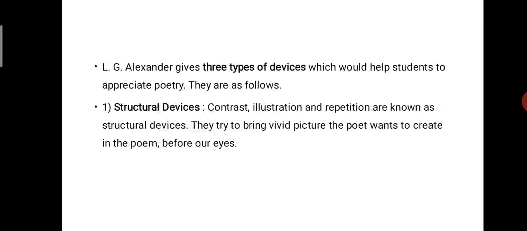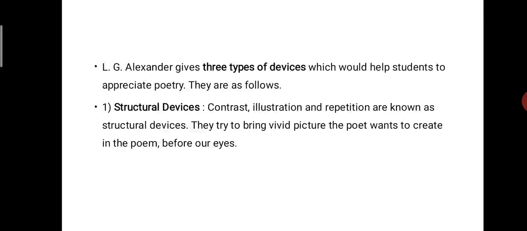Next is illustration. In order to express feelings of the poet, idea or experience, the poet presents a vivid picture in the poem. So, if we take the example of Tennyson's Break, Break, Break poem, he presents the picture of a fisherman's boy, the sailor lad, and the stately ship.